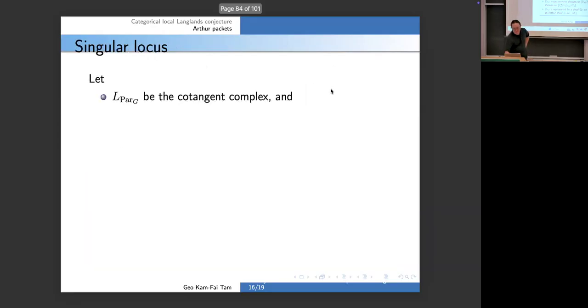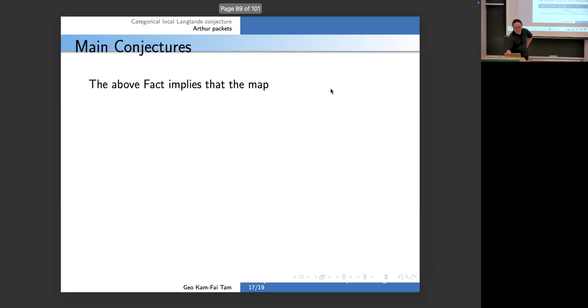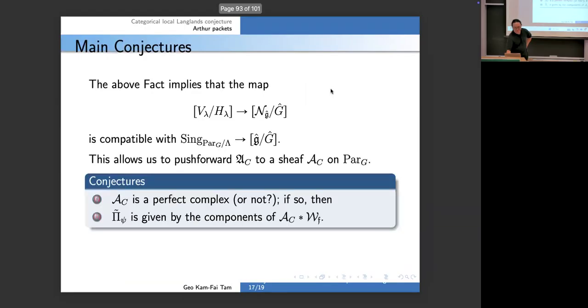Okay. With these sheaves, I will just give you the conjecture. Associated to these Arthur sheaves, we put it on the dual G side. My conjecture is that this could be a perfect complex or not.